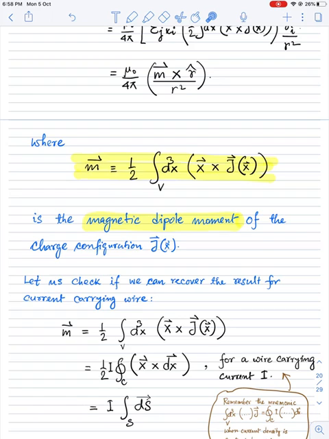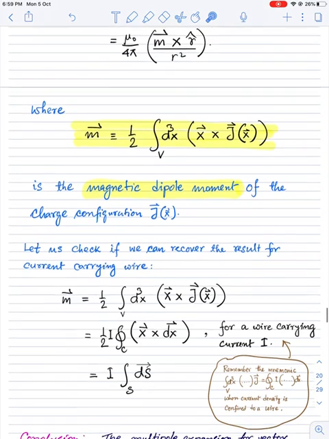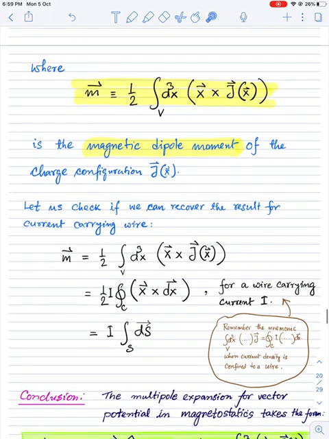For instance, if you take a charged sphere and start spinning it, can you compute the magnetic dipole moment of that spinning configuration using this formula? That could be one of the things that you can try to compute.